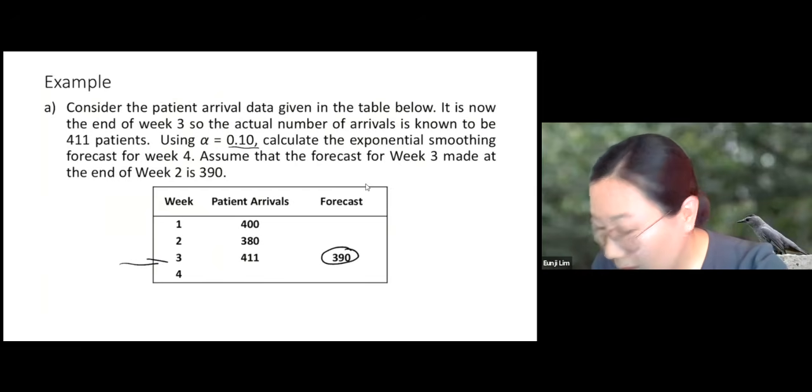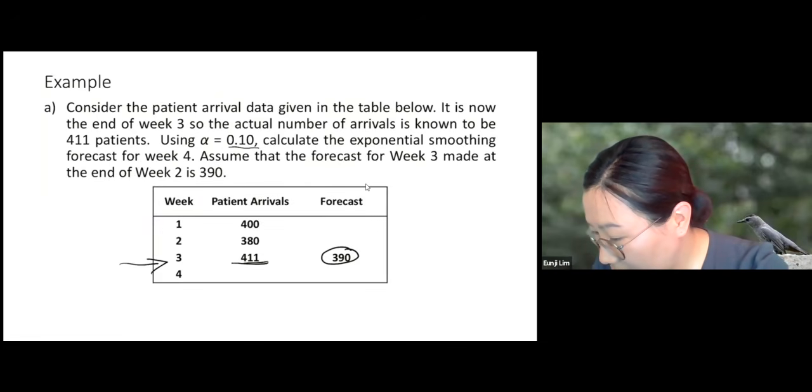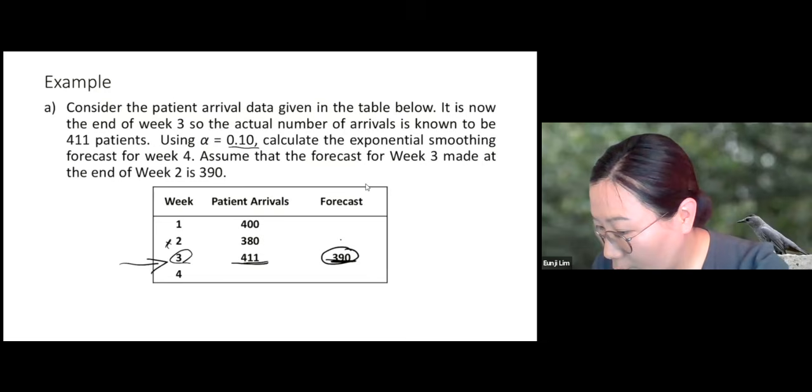So right now we are at the end of week 3, and in week 3, we received 411 patients, and this was the forecast for week 3, made in the previous time period. So under this setting, what's our forecast for week 4?